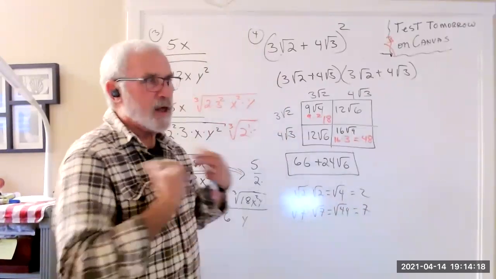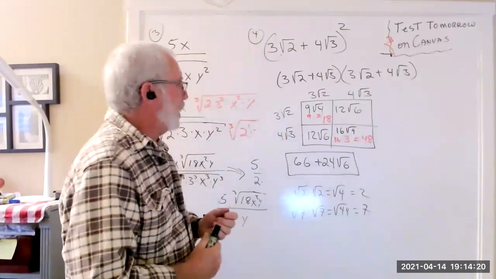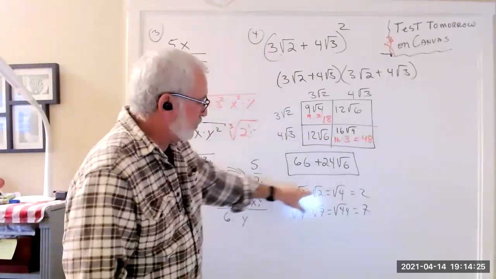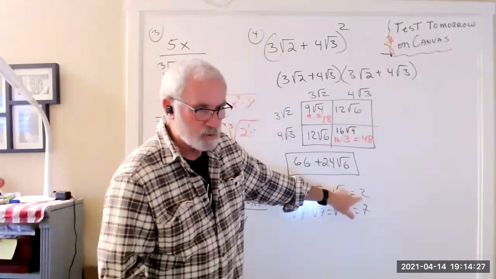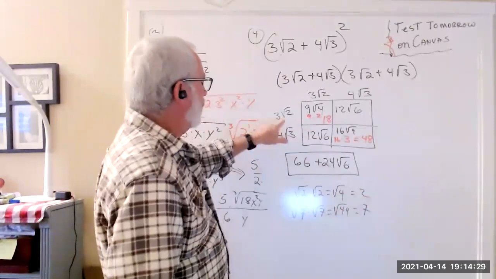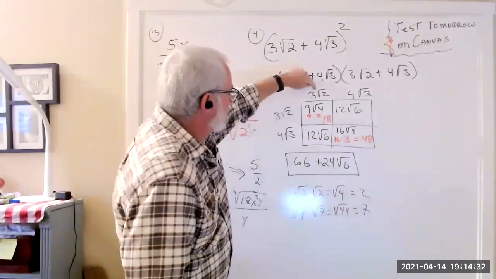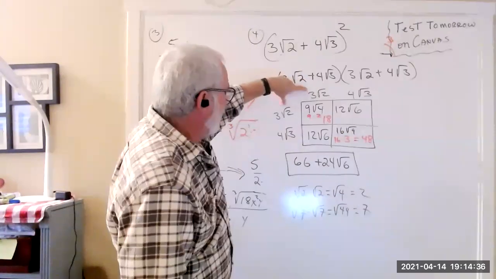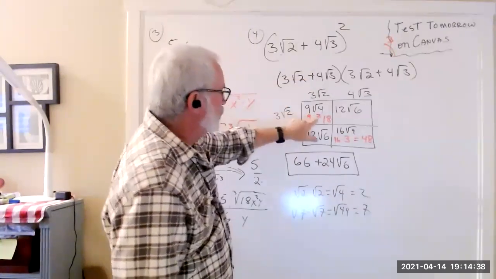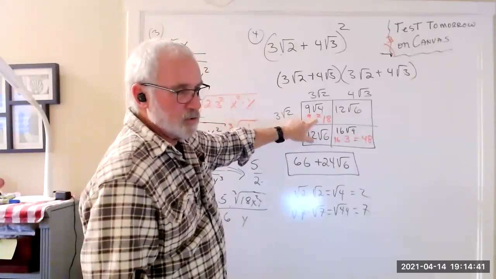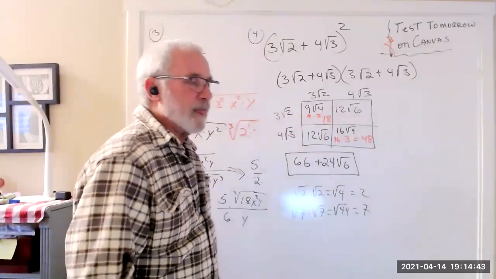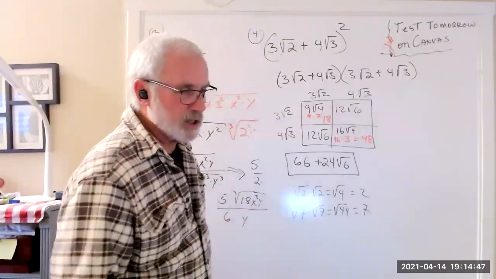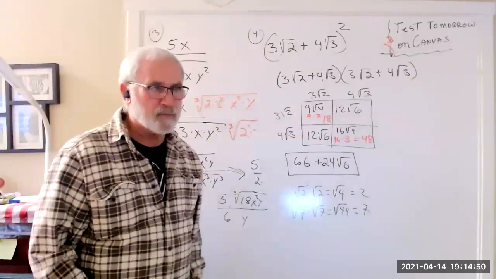That's what I use when I multiply inside, inside, outside, outside. So when I did 3 radical 2 times 3 radical 2, 3 times 3 is 9, which is what you said, and radical 2 times radical 2 is normal 2. 9 times 2 is 18. So I'm explaining to everybody else what you said, but what you said is 100% okay.